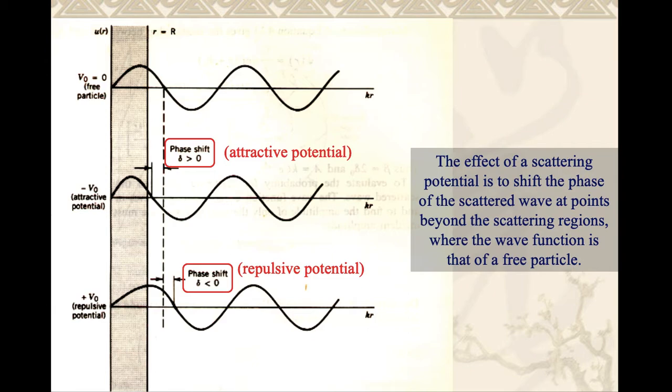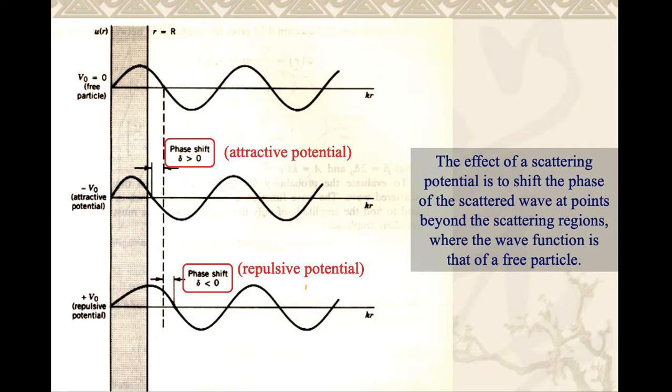So if that particle is freely moving, and this is the case of a free particle, suppose for a free particle your V0 is equal to 0. If it is a free particle, what will be the condition? For a free particle, you can see that actually this is the wave, it is going like this, there is no change.